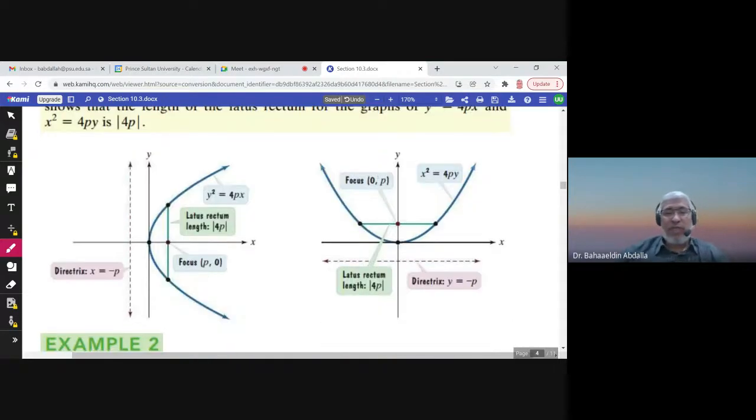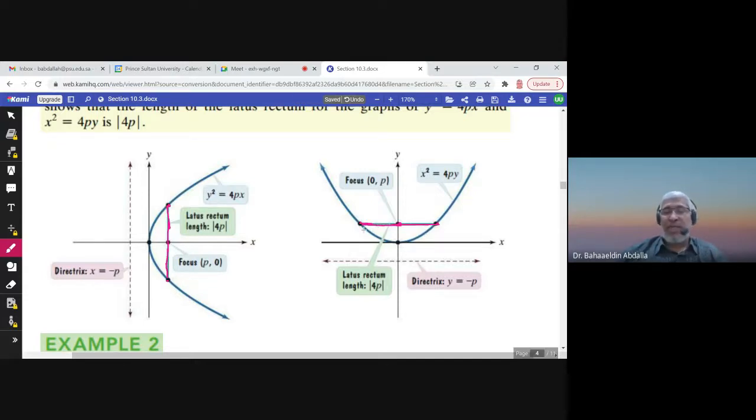So for this parabola, this line segment is called the latus rectum. It passes by the focus parallel to the directrix. Endpoints are on the parabola. If the parabola opens upwards or downwards, this would be the latus rectum, passing by the focus parallel to the directrix, endpoints on the parabola.